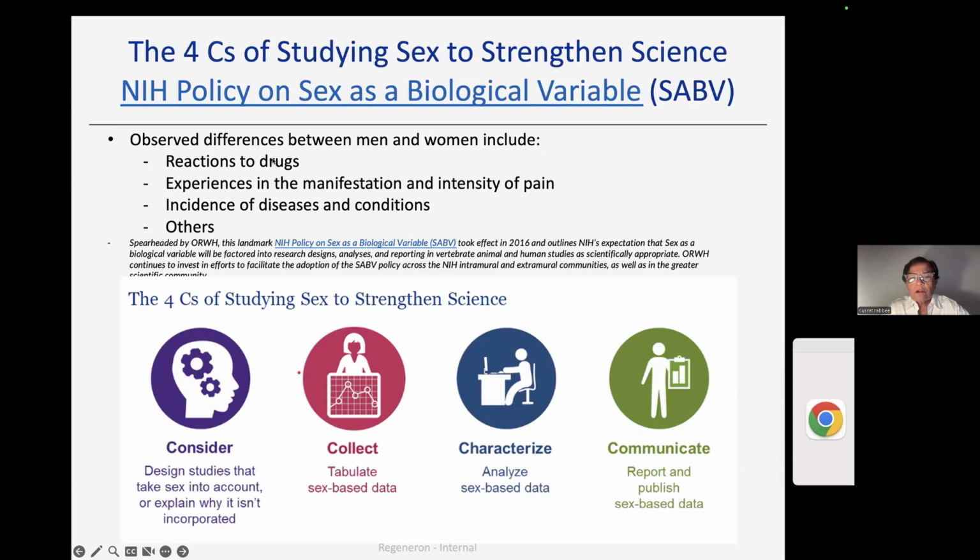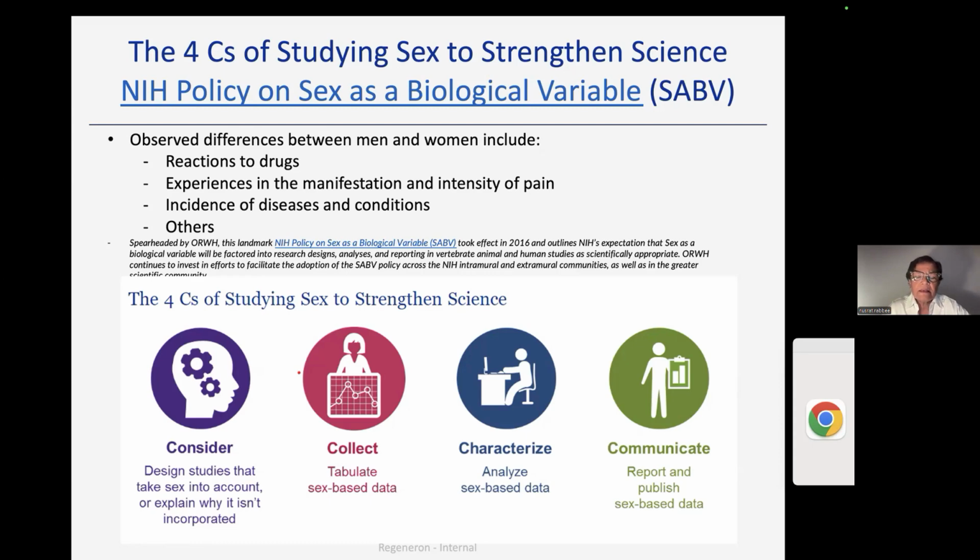So as we know, there are observed differences between men and women. I think everybody can talk about that in many different therapeutic areas. Cardiovascular is one. Recently, we heard about beta blockers not being that effective in preventing stroke in women. Osteoporosis is heavily studied in women.